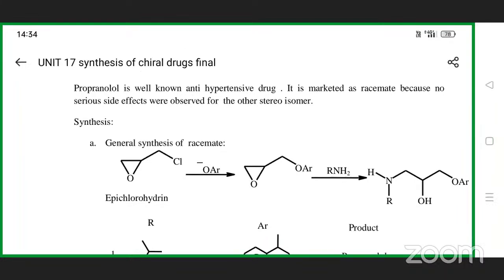Only thing is you take the epichlorohydrin and treat it with the phenoxide ion. When the substitution takes place, where the chlorine is substituted with the phenoxide ion, you will get this epoxide phenoxide derivative. Then you treat with a base, isopropylamine.